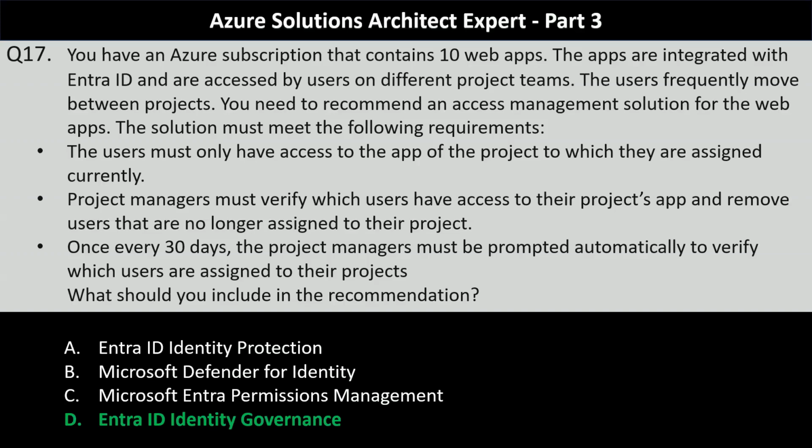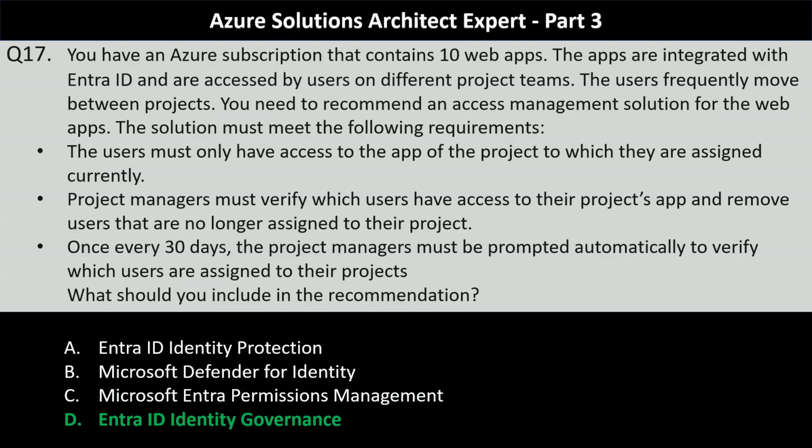Now, Entra ID Identity Governance includes features like access reviews, which allow project managers to verify user access to apps regularly. This meets the requirement of prompting project managers every 30 days to review and manage user access. Now, role assignment in Entra ID helps ensure that users only have access to the resources they currently need based on their role or project assignment.